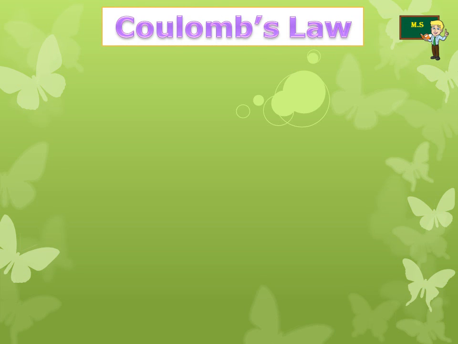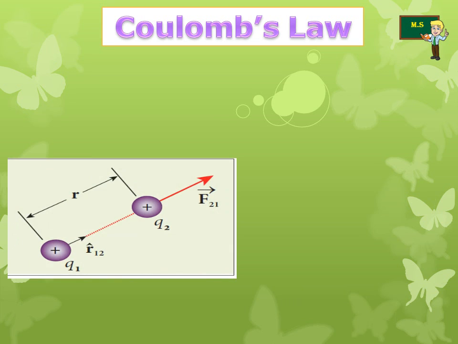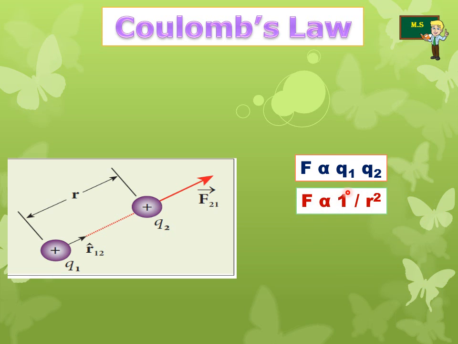If Q1 and Q2 are the charges, R is the distance between them and F is the force acting between Q1 and Q2, students, remember the force is directly proportional to the charges, and the distance R is inversely proportional to the same force.